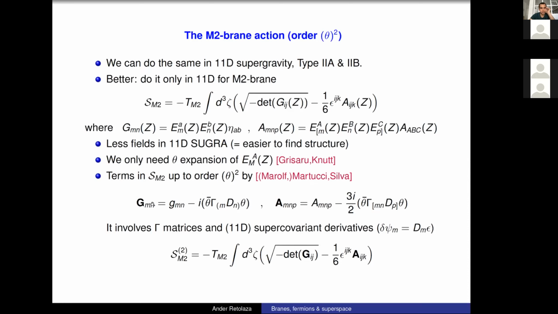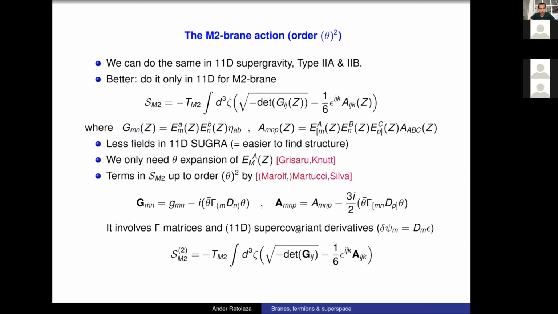And what I see is that, for example, the metric superfield at order 0 has the metric, of course, and then at order 2, it has a fermion bilinear that has this aspect here. It has the Grassmann coordinates, some gamma matrix, and the super covariant derivative that, as I told you, appears in the supersymmetry variation of the gravitino. It's a truncation in fermionic order, so I truncated at order theta squared, and I told you before that I'm going to consider bosonic backgrounds, so I already set to 0 all terms involving the gravitino.